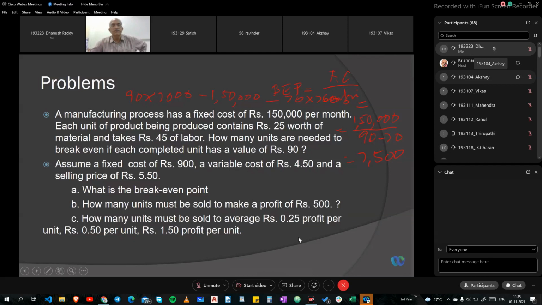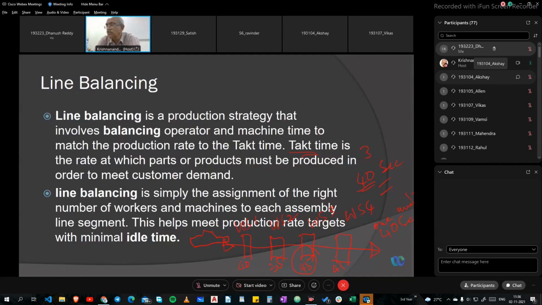We were discussing this line balancing. It is an issue we encounter in the final assembly of any mass production system, in tune with the amount of demand that is there.